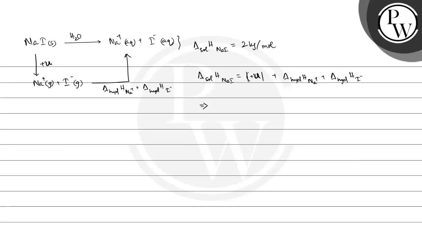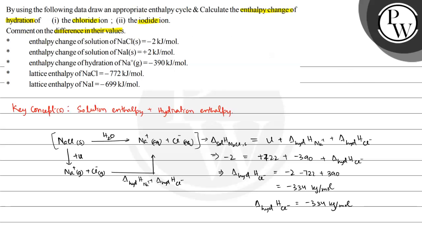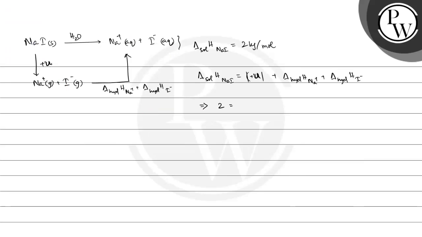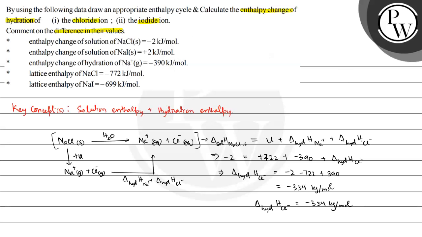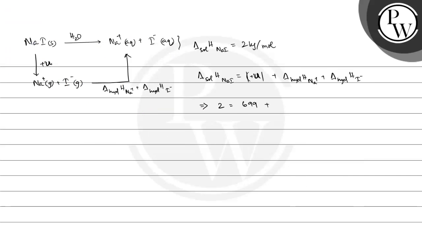So this is 2, which is equal to lattice enthalpy of NaI, minus 699, so here we will take only the 699 value, plus enthalpy of hydration of Na plus, minus 390, plus delta hydration of I minus.